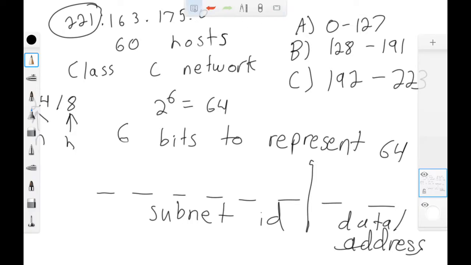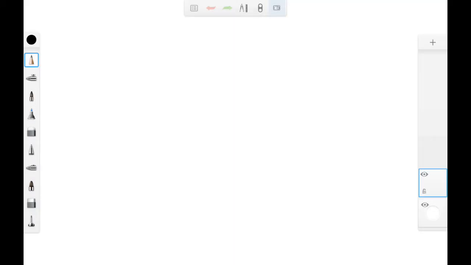So, based on that, I'm going to rewrite this and get a new sketch just so I have some more room to work with. So it was 221.163.175.0, and I know that I need 6 bits to represent 60 hosts.